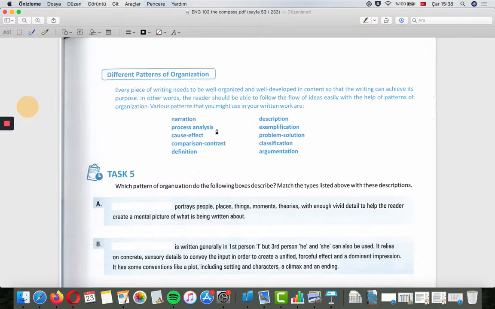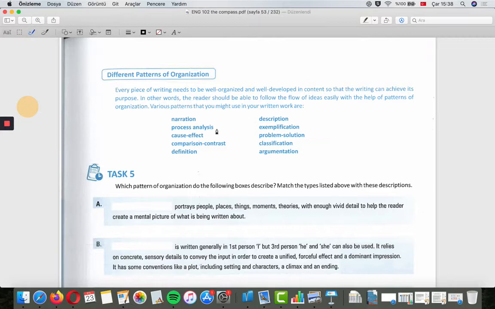Or when maybe sometimes there are many problems, multiple problems, and you also need to give multiple solutions. So it changes your way of organization, but still it's a problem solution paragraph or essay. It could be classification, where you classify your topic, whatever you're talking about, okay? And the last one is argumentation, where you argue about things, okay?